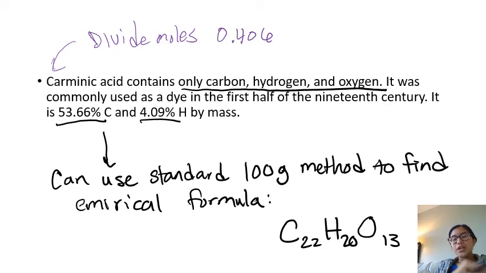But this is weird. We're not going to ask you to do something like this on a quiz or exam. As long as you know the basic standard 100 gram method to find the empirical formula, that should be fine. So just make sure you can do that. Don't worry about having to deal with weird mole ratios.